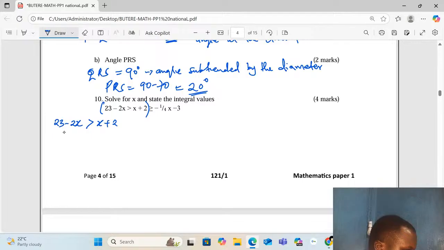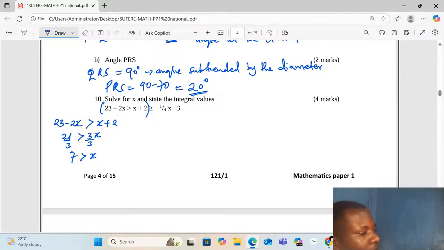So you shall have 21 is greater than 3x. Divide by 3, so that we have 7 is greater than x. So the first part we are done.